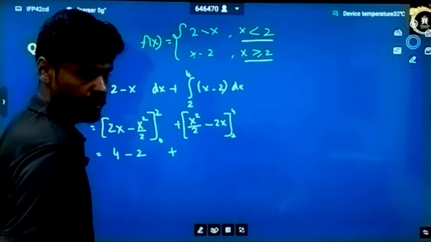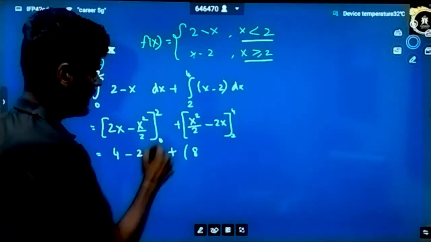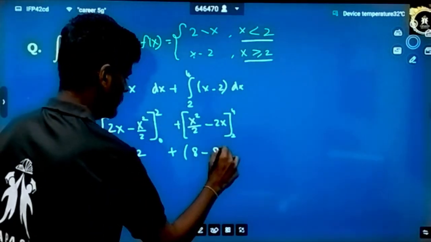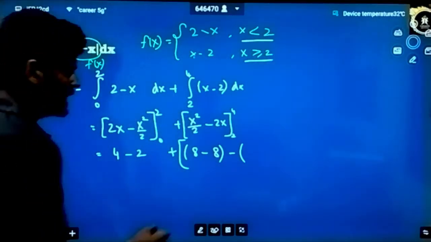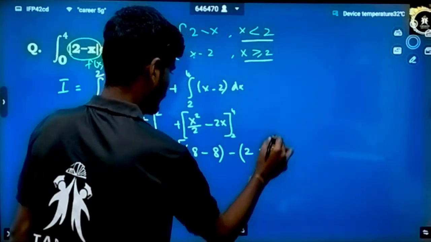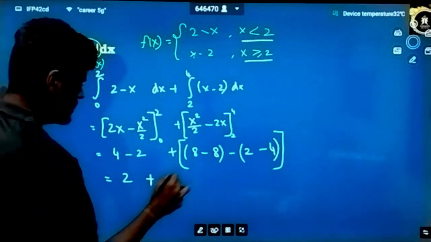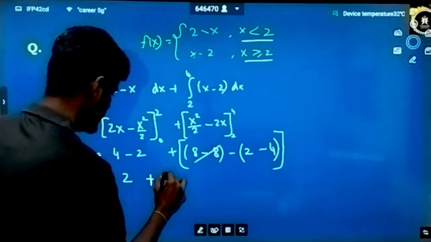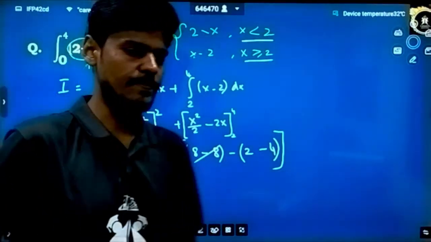For the second integral, we have 4 square by 2, that is 8, minus 2 into 4, that is 8, minus of 2 square by 2, that is 2, minus 2 into 2, that is 4. Now the total is 4 minus 2, that is 2, plus this value is 0, 2 minus 4 is minus 2, minus of minus 2 will be 2. So the final answer is 4. This is our required answer.